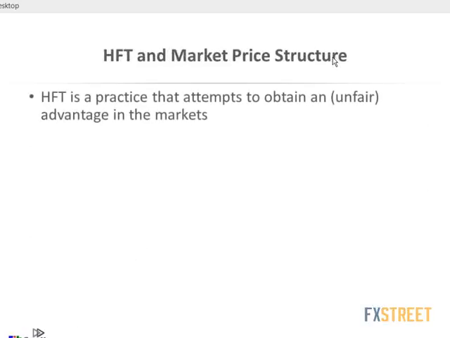High-frequency trading has an effect on market price structure, and I'll tell you later what that means. It is a family of algorithms that attempts to obtain an advantage, and I believe it's in a non-orthodox way, in a very unfair way in my view, in the markets.